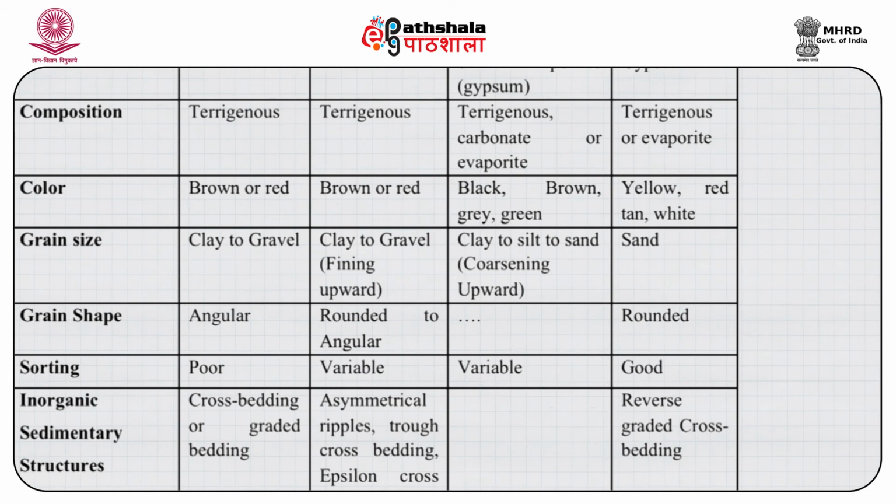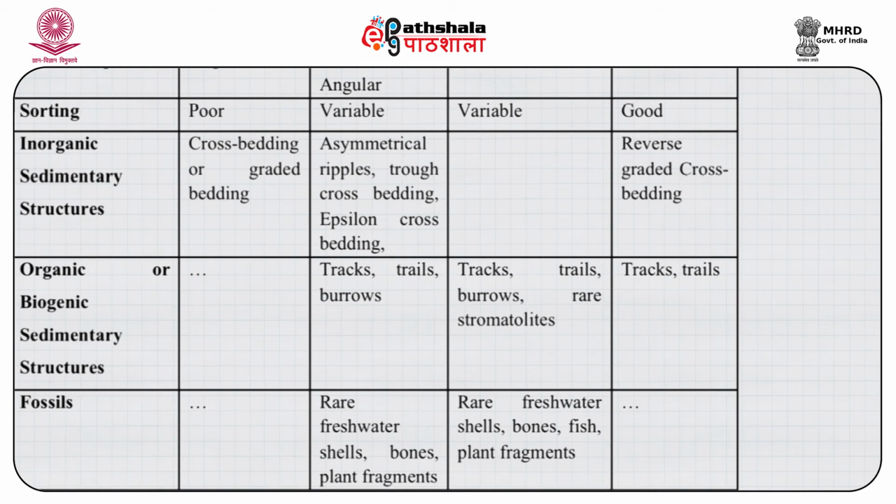The grain size varies from clay to silt or sand. Sorting in lake environment is variable. Tracks, trails, burrows are present. Stromatolite also has been reported from lacustrine environment. Freshwater shells, fish, bones, plant fragments are abundantly present in a lacustrine environment.